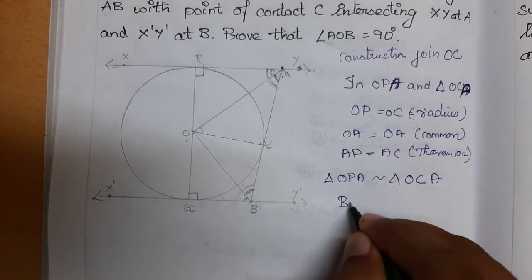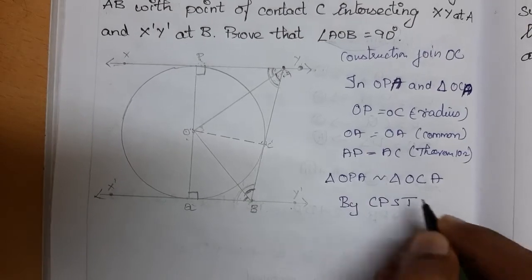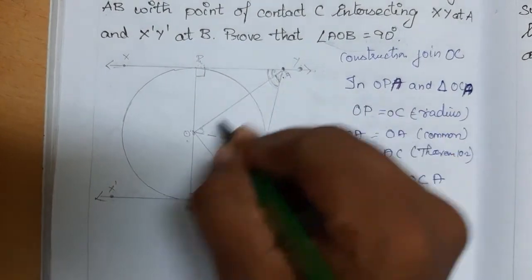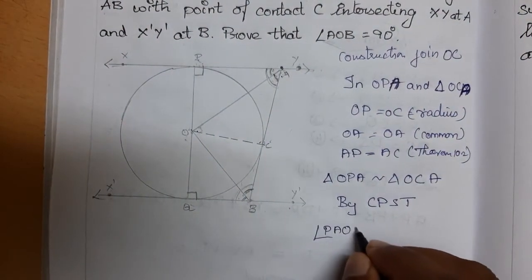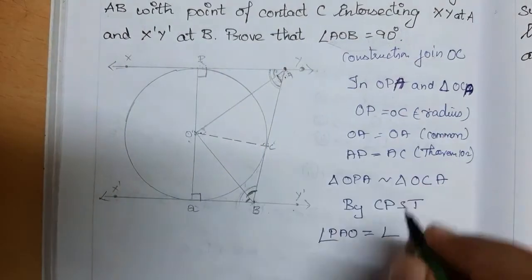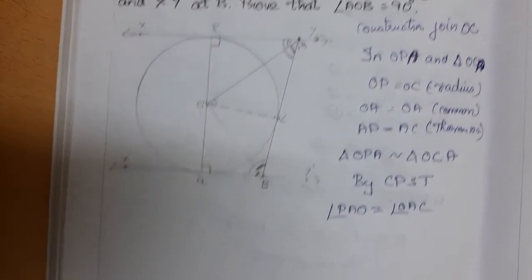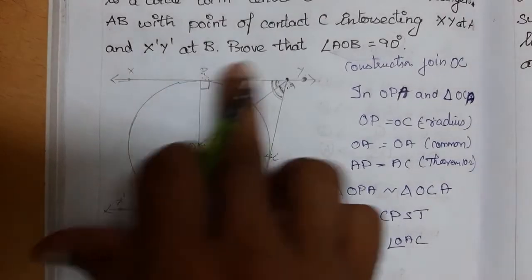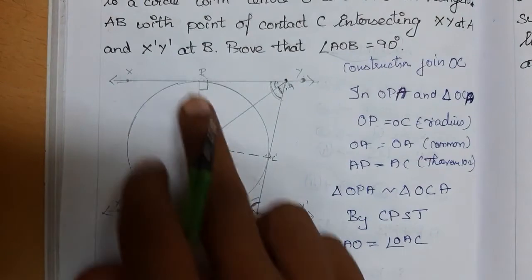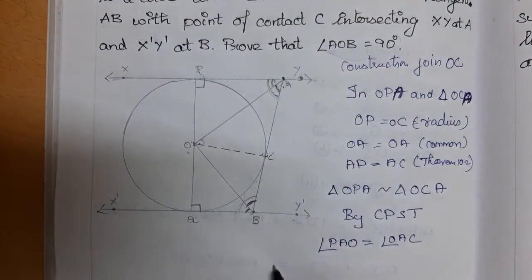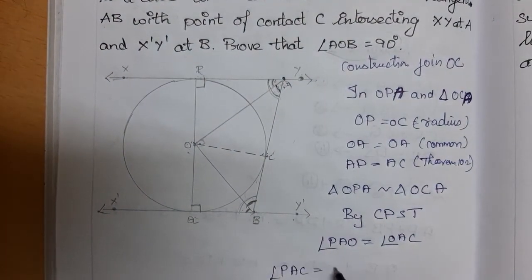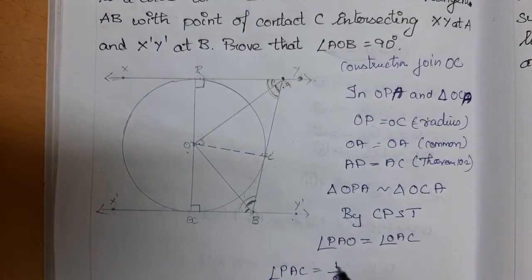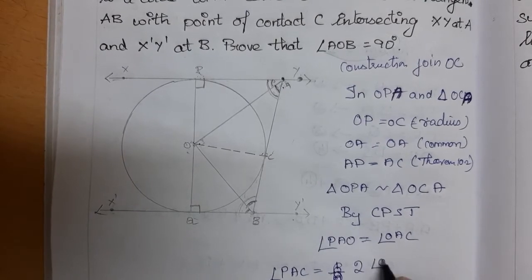So by corresponding parts of congruent triangles, we can say, concentrating on this angle, that angle PAO is equal to angle OAC, right? Clear? These both are equal. That means for the whole angle PAC, we can say that it is 2 times angle OAC.